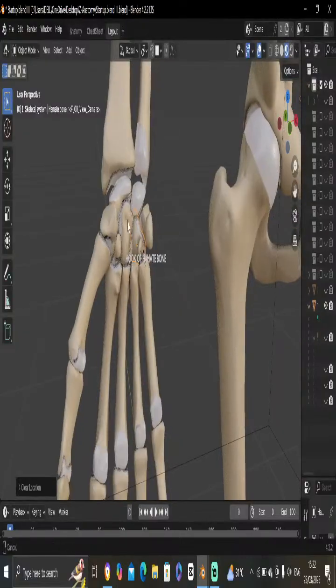If we try to summarize them, we have the scaphoid, the lunate, the triquetrum, the pisiform, the trapezium, the trapezoid, the capitate, and the hamate. To remember the carpal bones, there's a mnemonic we can use: Some lovers try positions that they can't handle.